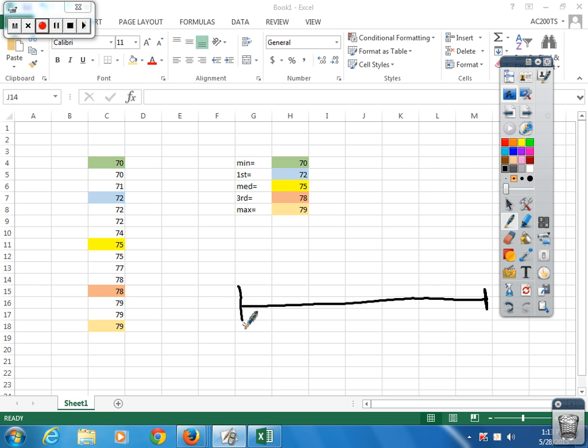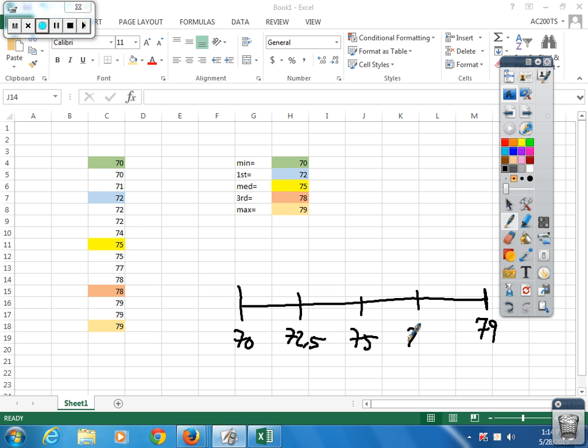The mean is 70 and the max is what? 79. So 70 to 80 is 10. Half of 10 is what? 5. So that's 75. Half of 5 is 72.5.